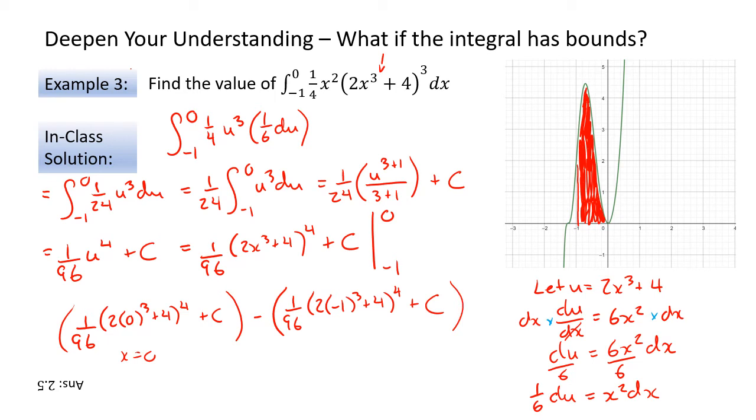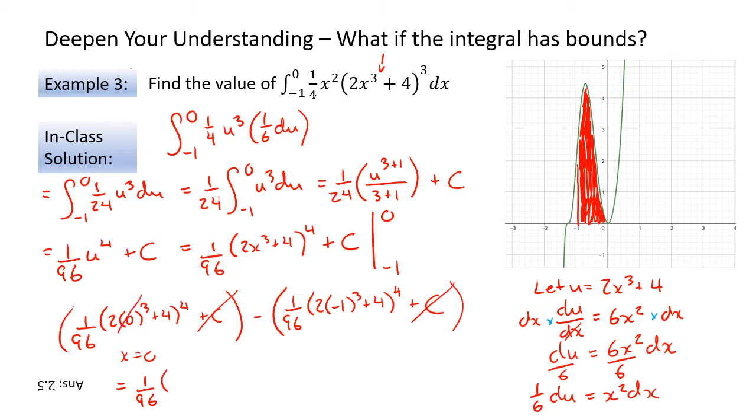So you can see we have plus a constant and minus a constant because of the minus sign here. So they will always cancel in this scenario when we have bounds. So simplifying these, the first term, we have 1 over 96, and that is 2 times 0 cubed is just 0.